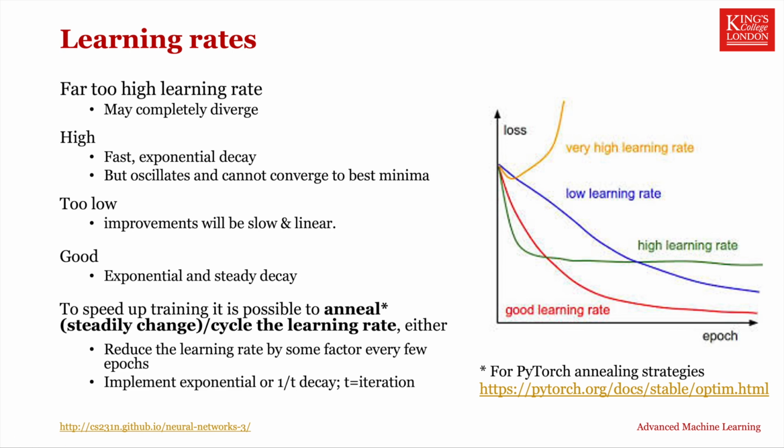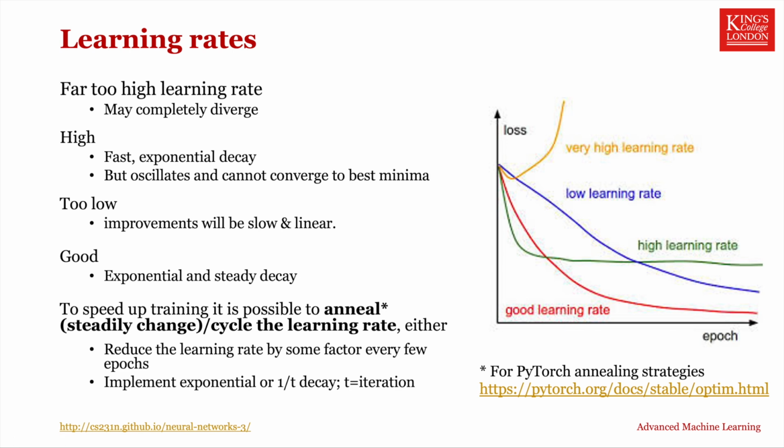This might indicate that it's actually oscillating around the minima, bouncing off the, so to speak, walls of the convex part of the function and able to travel further down. On the other hand, if it's too low, then its improvements will be slow and perhaps linear. So what you're looking for is exponential and steady decay, like the red line.